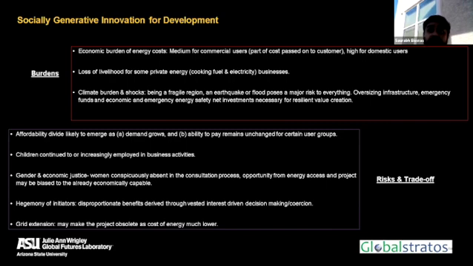Once there is an increase in business activity, the risk of children being pulled out of school and engaged in the family business is high. Gender and economic justice issues, hegemony of social control of the powerful in the community, and other forms of risks. So these are critical inputs for project design at later stages.